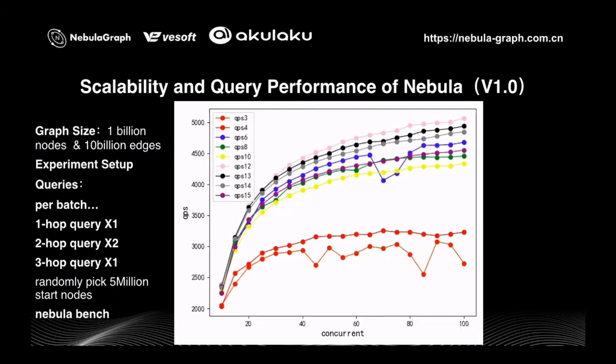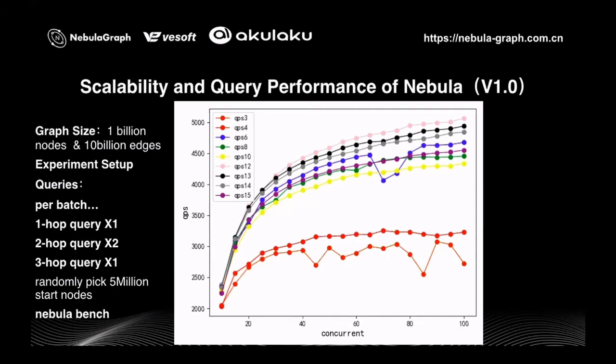That actually matches our actual design of graph queries in production in our company. And we randomly pick 5 million nodes to start our query from, and we vary the number of machines in the cluster.